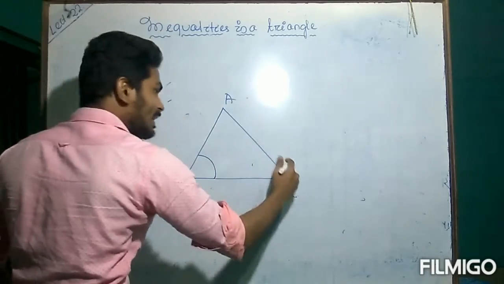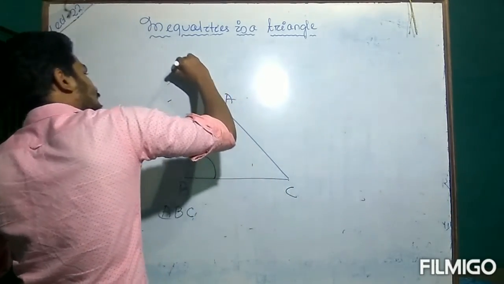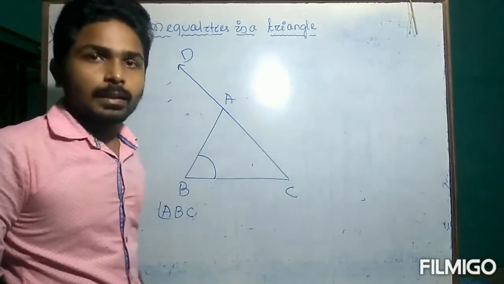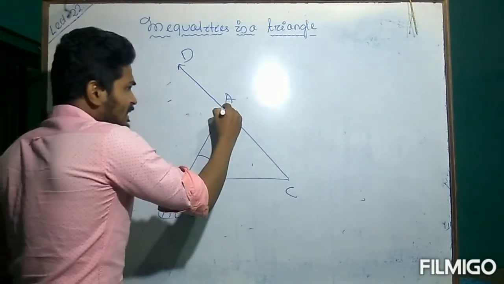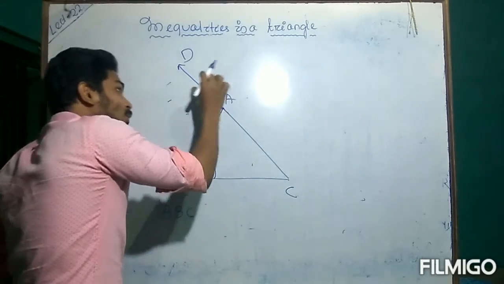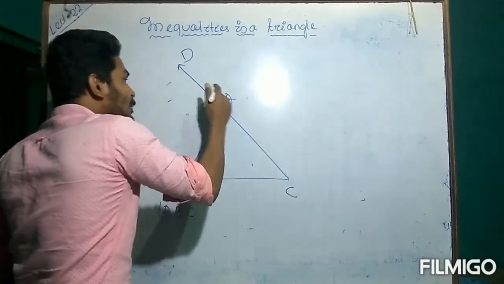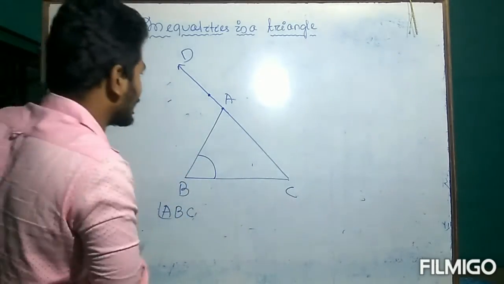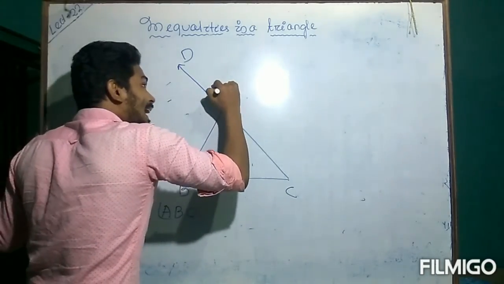Extend this side AC in this direction. Suppose I extended it up to a point D. Now we will shift this point A, or simply you can take another point over this CA. This is an example, just understand it. So you have to take another point A dash.